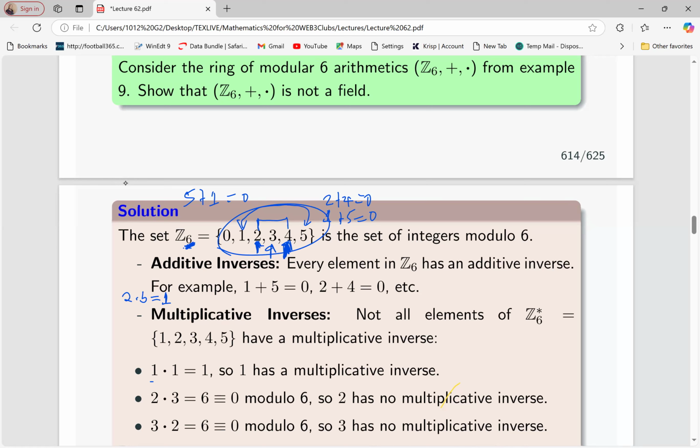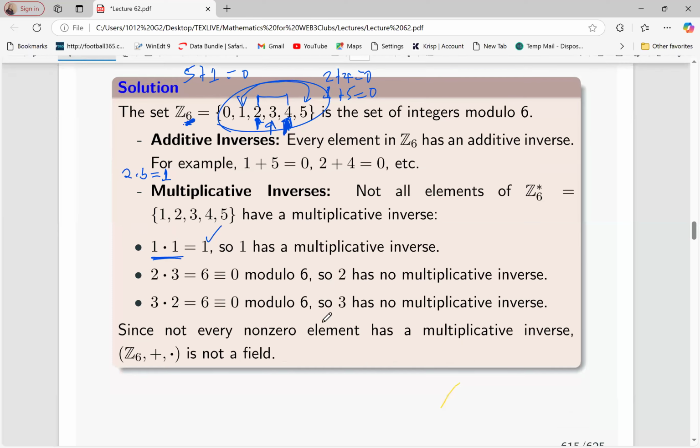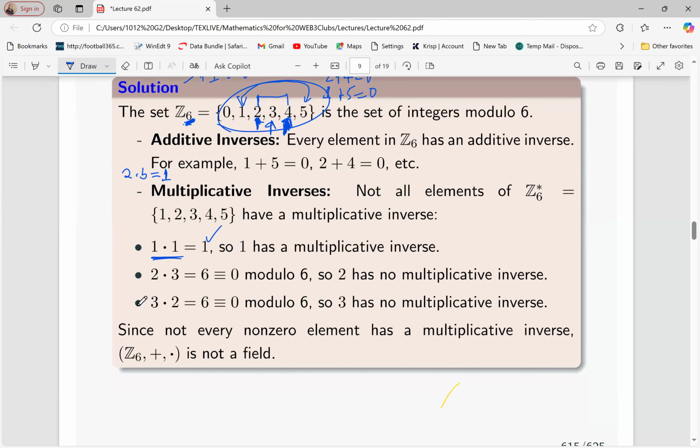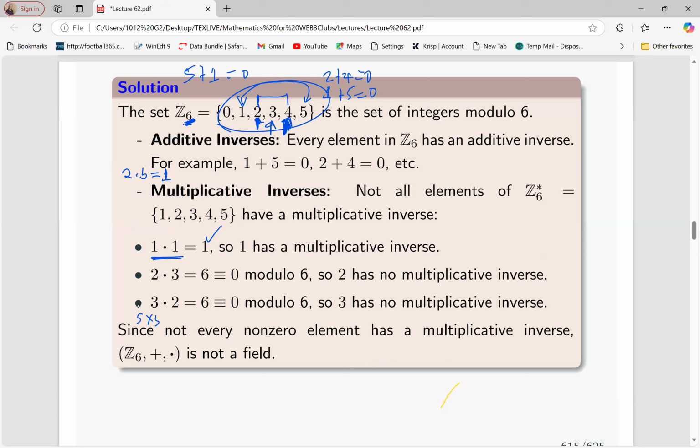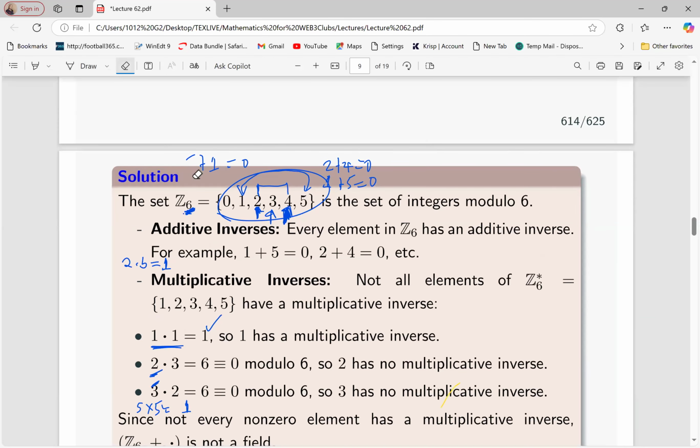But you can see here, 1 has an inverse, 1 itself, because 1 times 1 gives me 1. 5 also has an inverse, and of course, it's itself. 5 times 5 would be 1. But 2 has no inverse, and 3 has no inverse, and 4 has no inverse. Elements which are not relatively prime to n would not have inverses. And therefore, because of that, this fails to be a field.